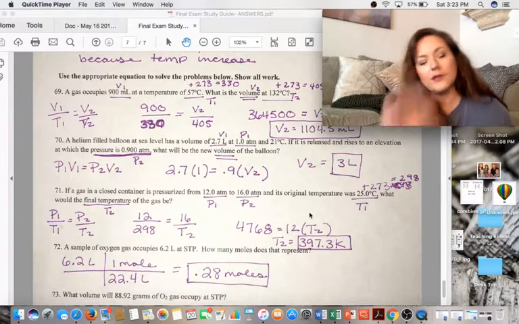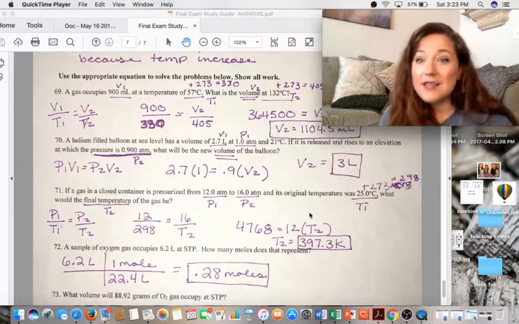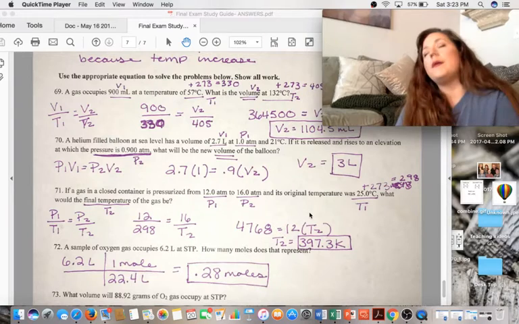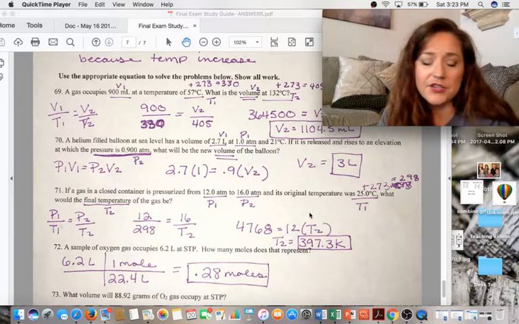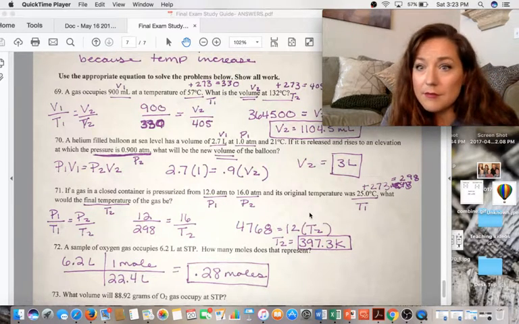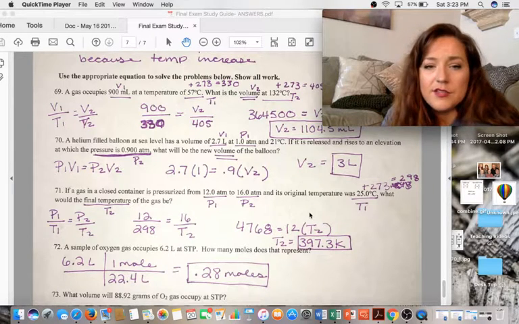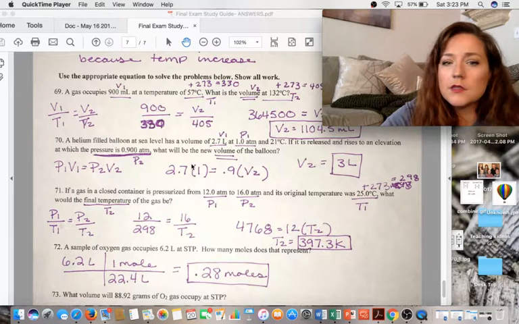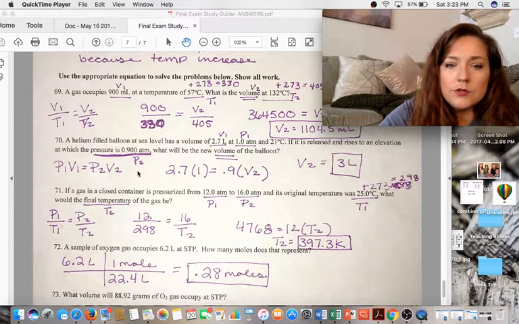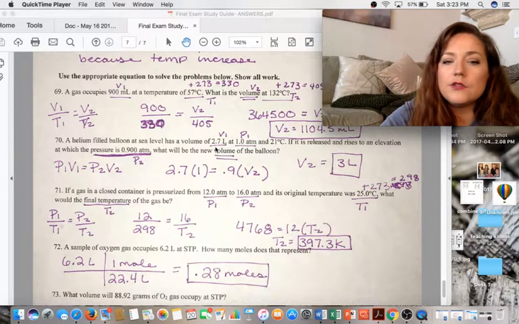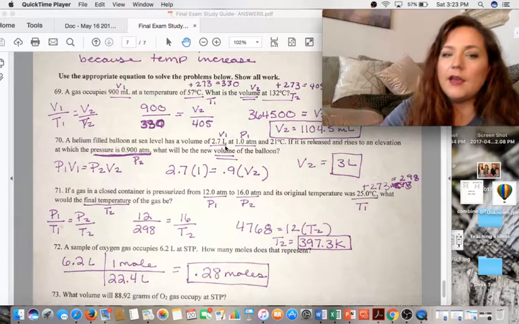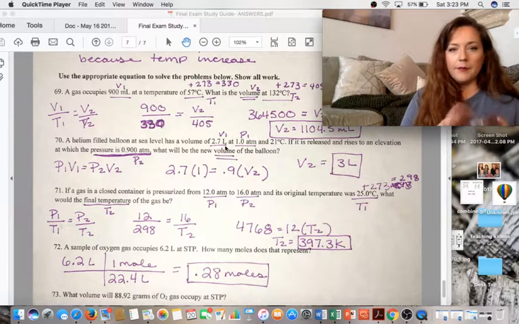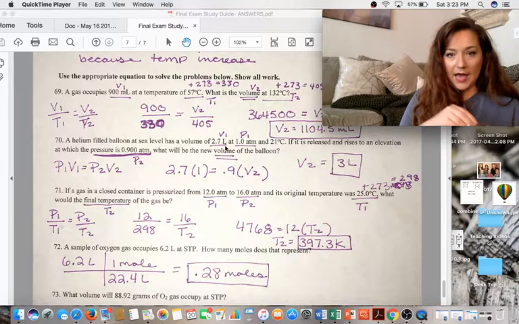All right, 70. 70 is Boyle's. Remember that is an inverse relationship. If my P1 goes up, my V1 goes down, so they're inversely related. 2.7 liters is my V1. My P1 is 1 atmosphere.